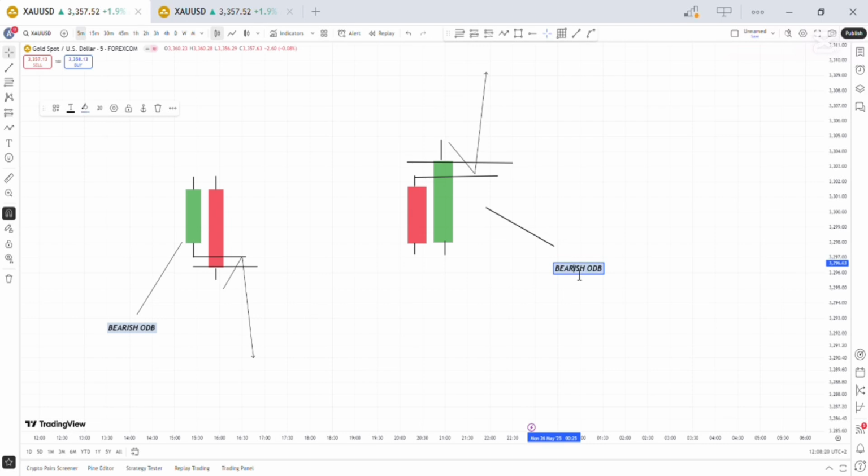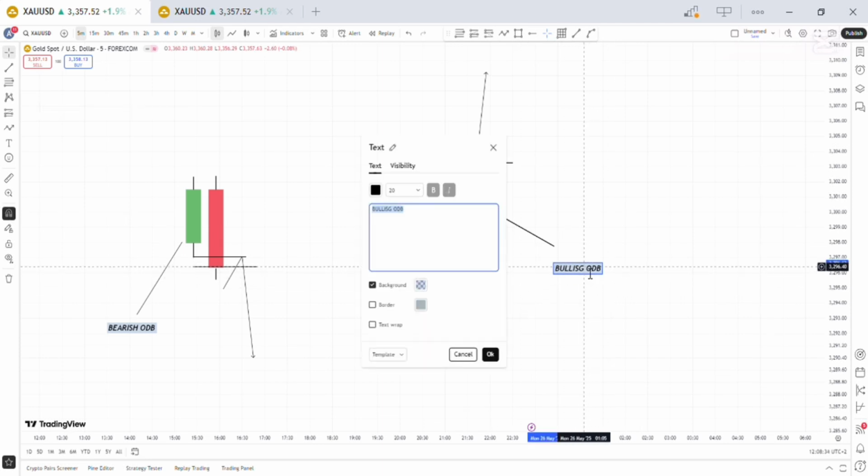The OB there stands for order block, so let me call it in English. Bullish. So this is a bullish order block.